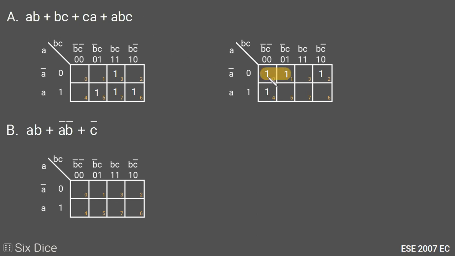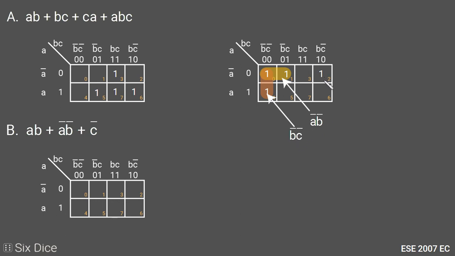Now we will make the first pair with cell number 0 and cell number 1, which will be minimized as we have a common A bar here and a common B bar in the first and second column, so it will be A bar B bar. For the second pair we will take the 0 and fourth cell, where the common term is B bar C bar, so it will be minimized as B bar C bar.